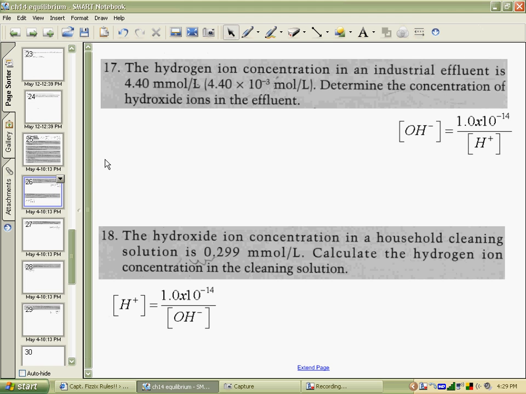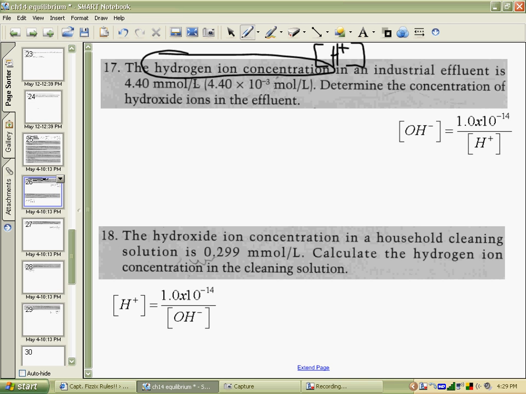In 17, the hydrogen ion concentration in an industrial effluent is 4.40 millimoles per liter, and we need to determine the concentration of hydroxide ions. Well, maybe it's just a matter of knowing what the hydrogen ion concentration is. That is given as H plus, hydrogen ion, and square brackets is the concentration.